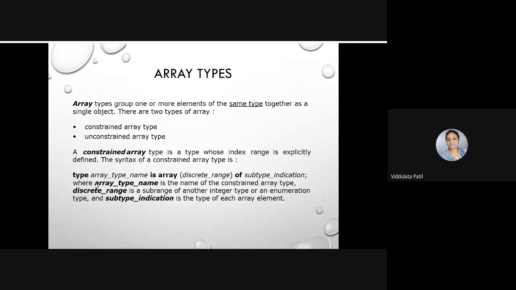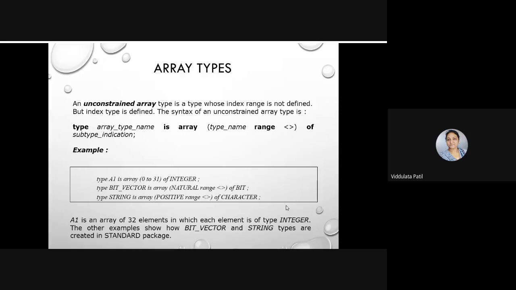Here, array type name is the name of the constrained array type. Discrete range is a subrange of another integer type or an enumeration type, and subtype indication is the type of each array element. An unconstrained array is a type whose index range is not defined, but the index type is defined.